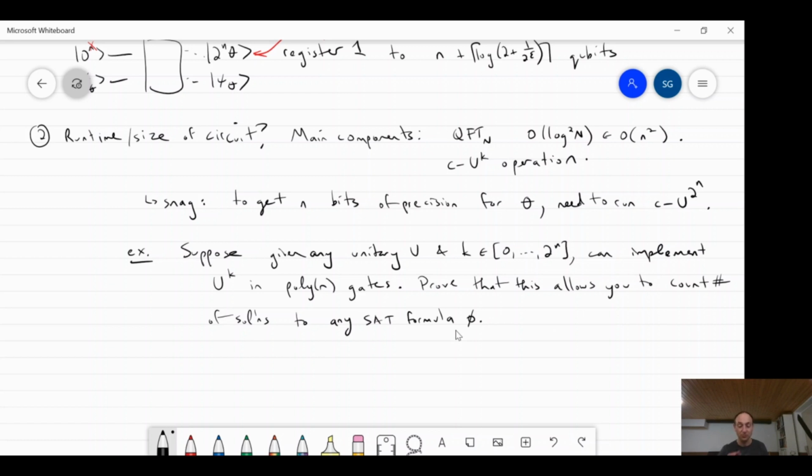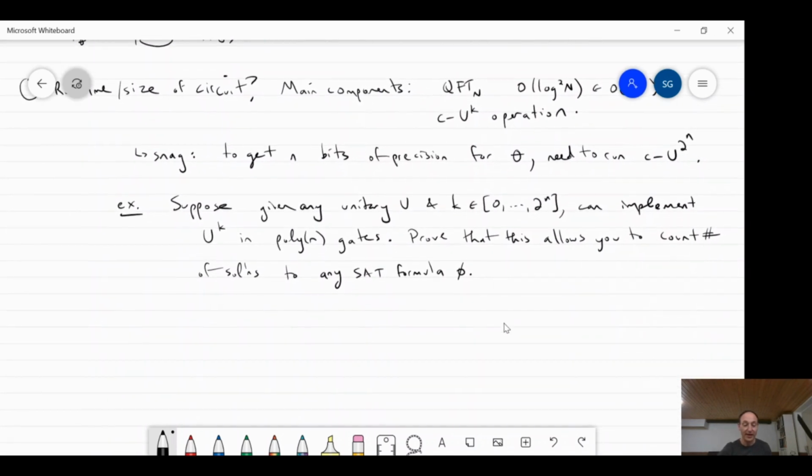That's extremely unlikely. So this is a way of convincing yourself that it's very unlikely to be able to do these very high powers of u for arbitrary u efficiently. Okay, so that's the snag.